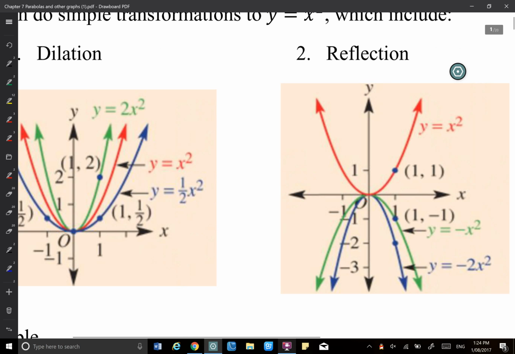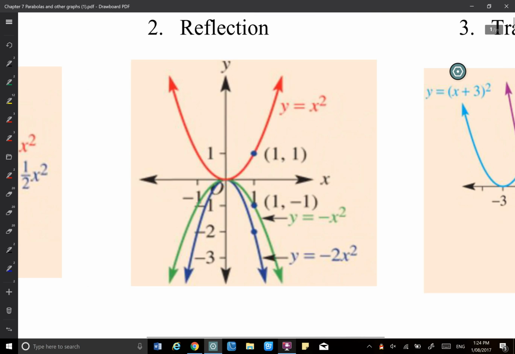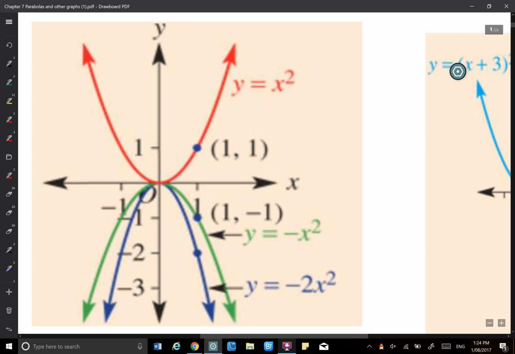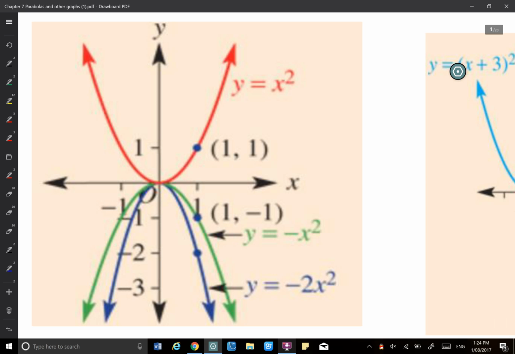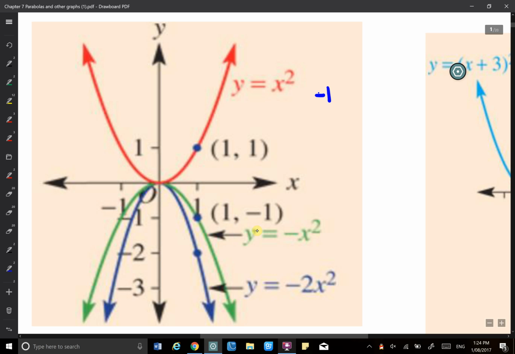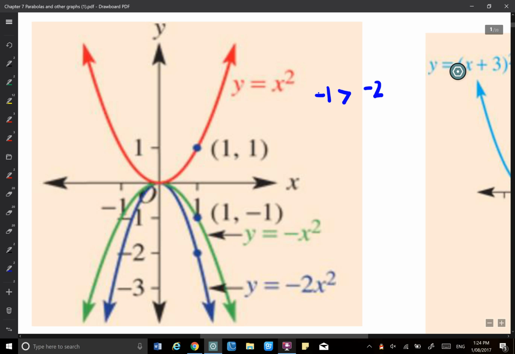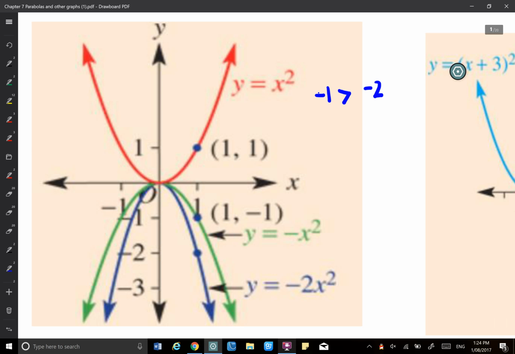This is dilation. The second thing is reflection. If you have a negative in the front, the green one is negative x squared, and the blue one is negative 2x squared. Using what we know from the previous graph, the larger the a value, the narrower the graph. Let's compare -1 and -2. Which value is larger? -1 is larger. Then according to what we have said, -1 should have a narrower graph.